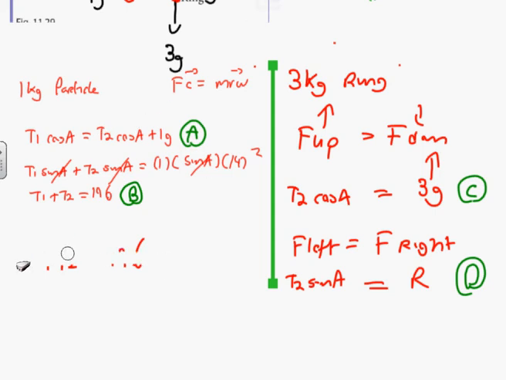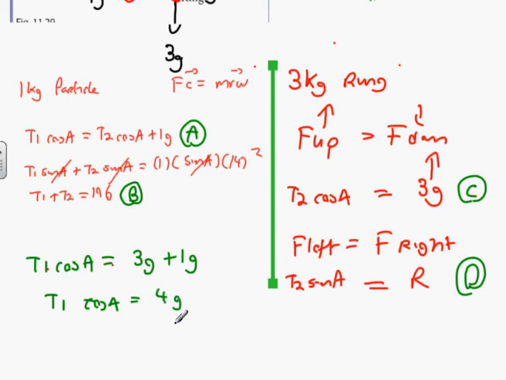So what we can get here is, for T1 cos A, it ends up equal to 3G plus 1G. Yeah? Is that what you're suggesting? Yeah. And then T1 cos A equals 4G.